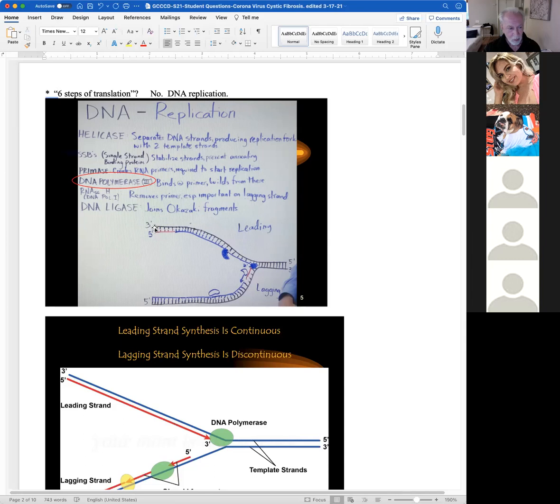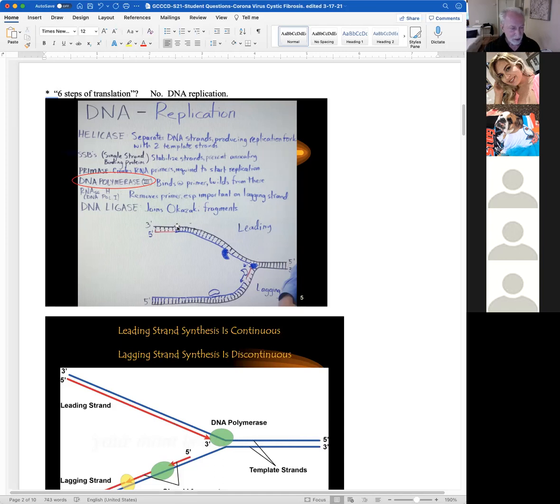So with this primer here, it knows, okay, that's where it has to start. And it goes on laying down new nucleotides corresponding to the template. And as it moves, the helicase is moving ahead of it, opening up more and more sequence to be copied. And that process continues all the way from the 3' to the 5' end of the template strand.